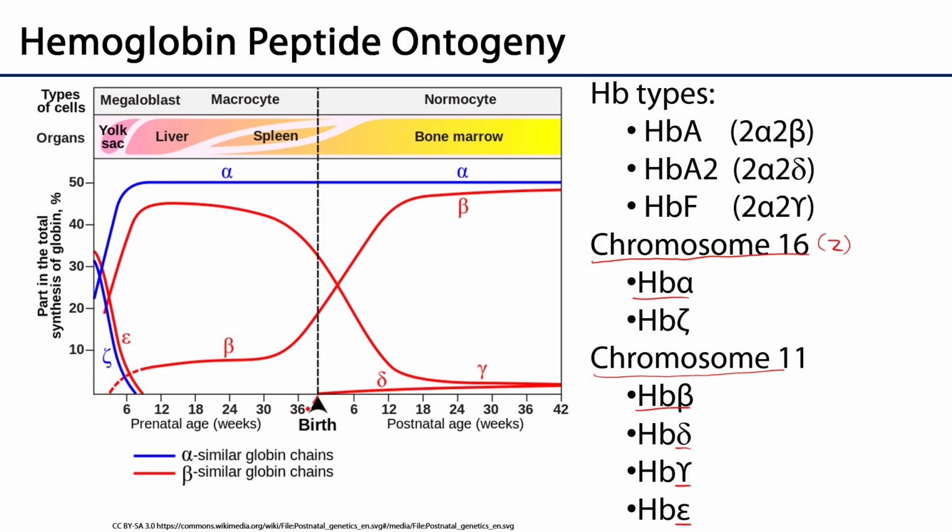And here we can see there's parturition, or birth. And we can see that the alpha and alpha-like are demonstrated by the blue line, and the beta and beta-like by red lines.